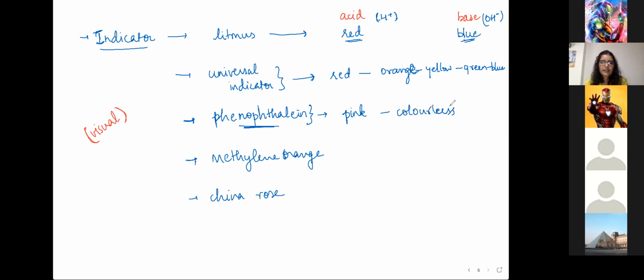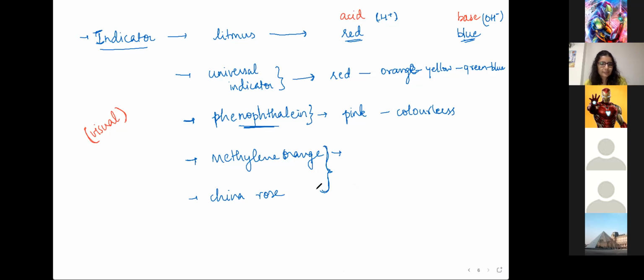So if it's an acidic solution, then it becomes pink, I think, and if it is basic, then it becomes colorless. So this is the binary thing. Methylene orange also, methylene orange and China rose, I haven't seen it used so much, so I don't remember the exact.